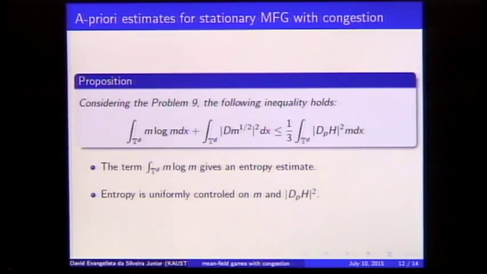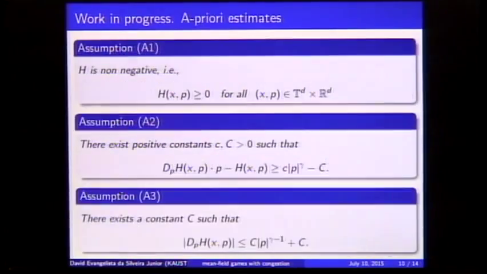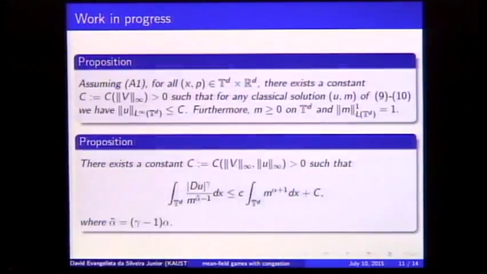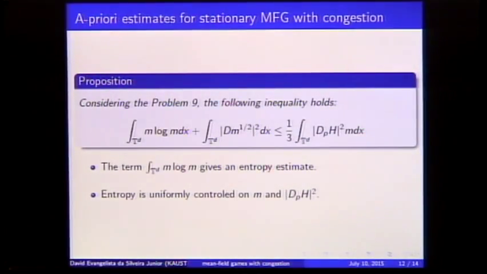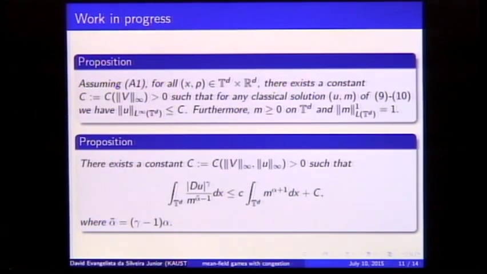And actually, we have a couple of other assumptions that can treat this term. Just to mention, all those a priori estimates are in the same direction as showing the existence of a solution and the regularity a priori that they showed in the previous work.